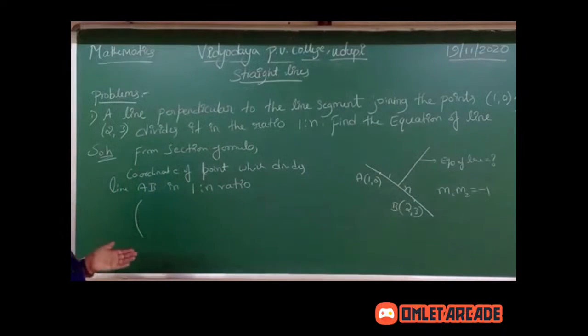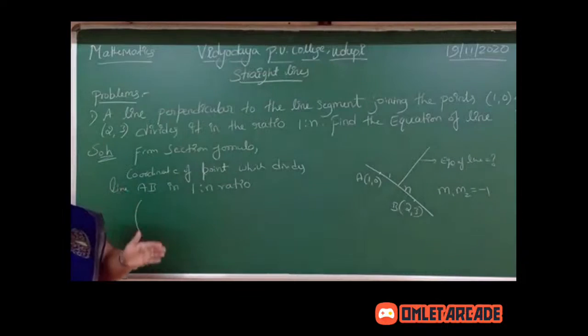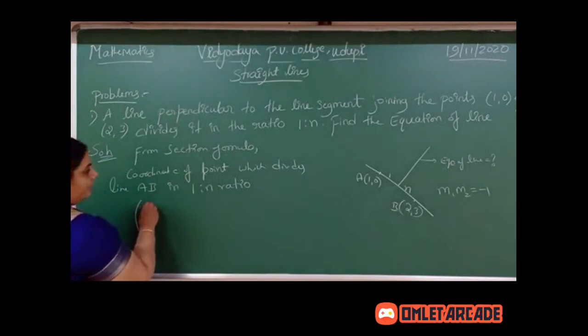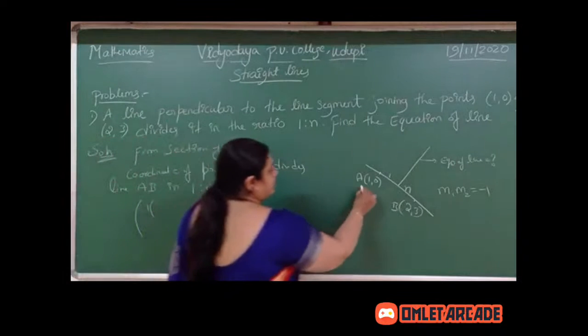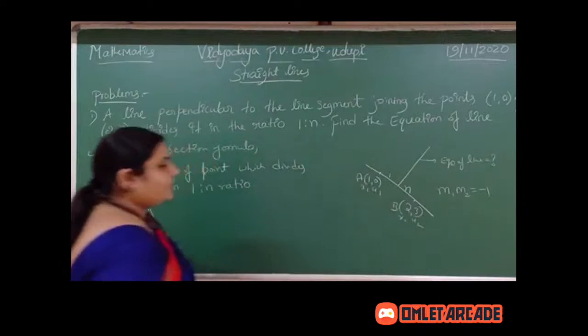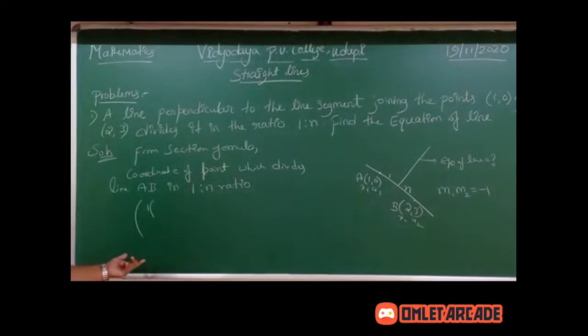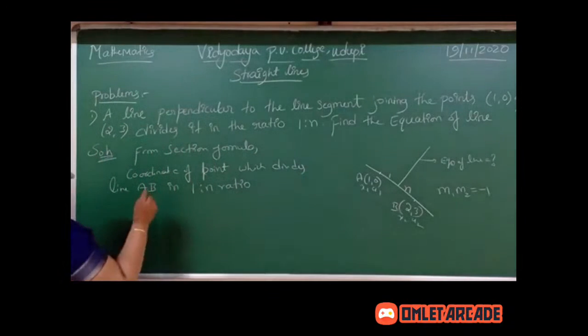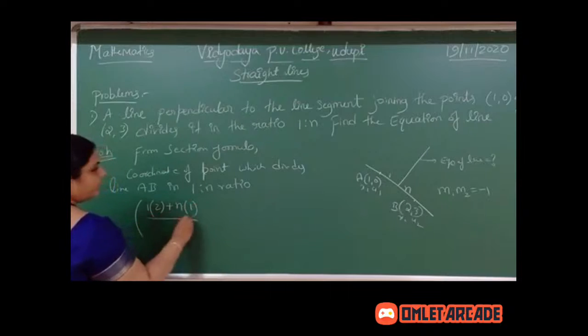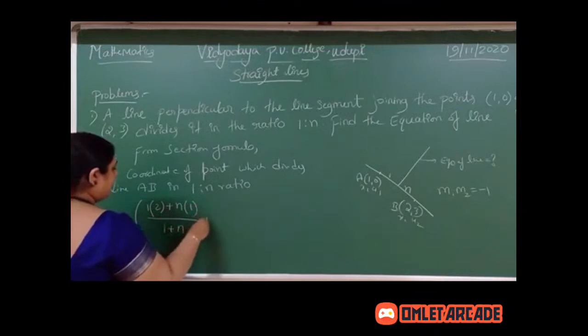I hope you know the formula, (m x2 plus n x1) divided by (m plus n), and (m y2 plus n y1) divided by (m plus n). We'll use it. M is 1, we'll take this as x1, y1, this as x2, y2, okay? I'm not writing the formula, I'm just directly substituting it. m x2 is 2, plus n x1 is 1, divided by 1 plus n.